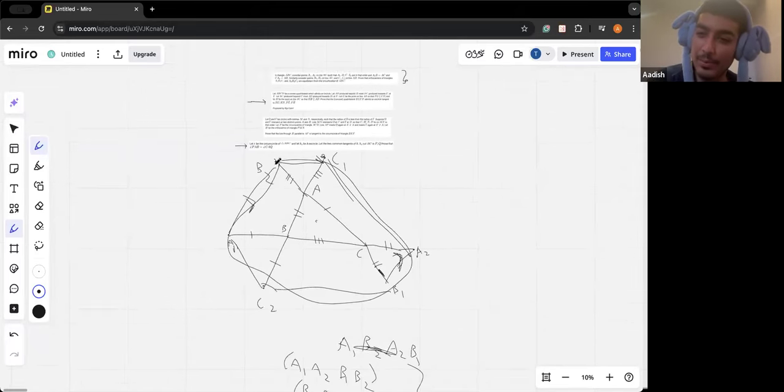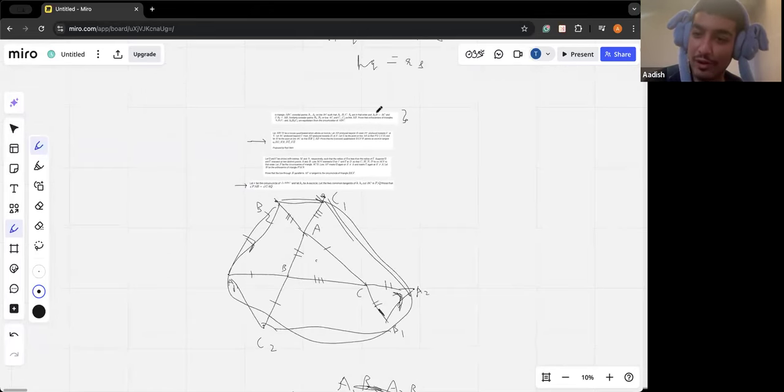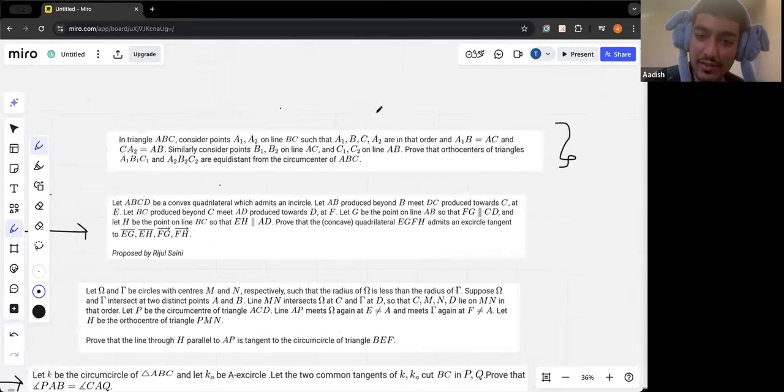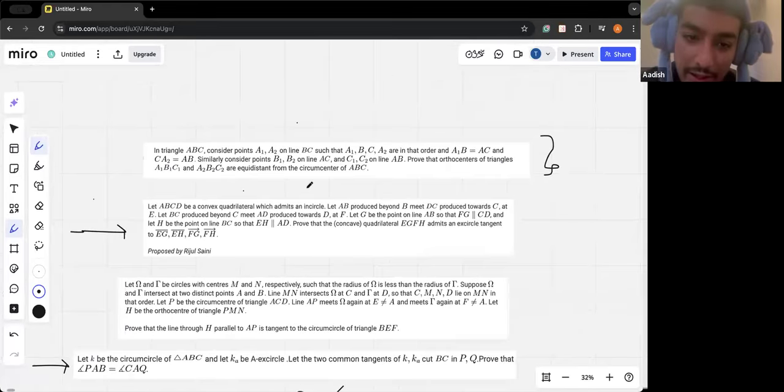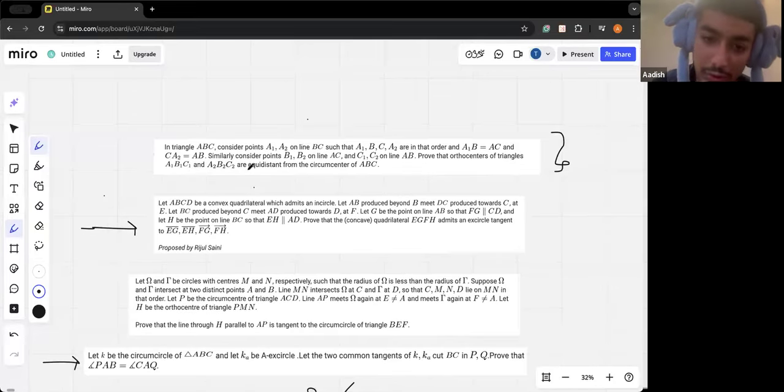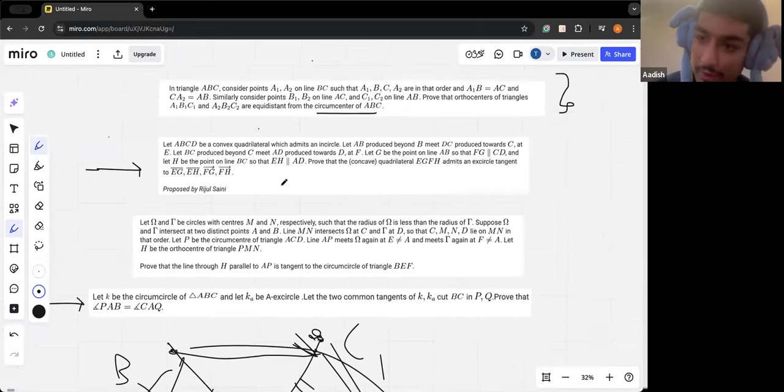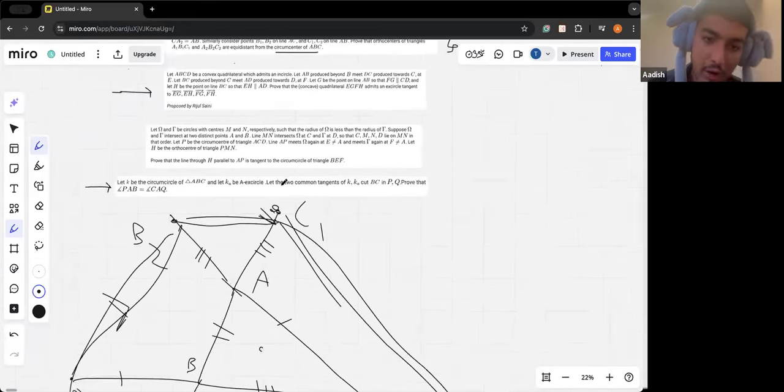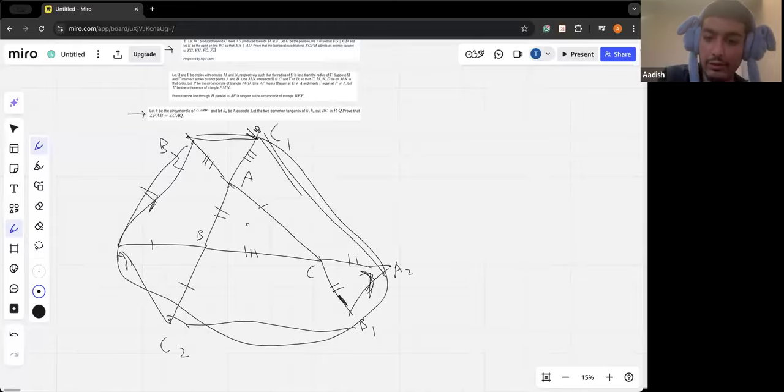And then you remember that we are supposed to complex bash this problem. So what are we even supposed to prove? The orthocenters of A1B1C1 and A2B2C2 are equidistant from the circumcenter of ABC. So we want to prove two distances equal, OH1 equal OH2.